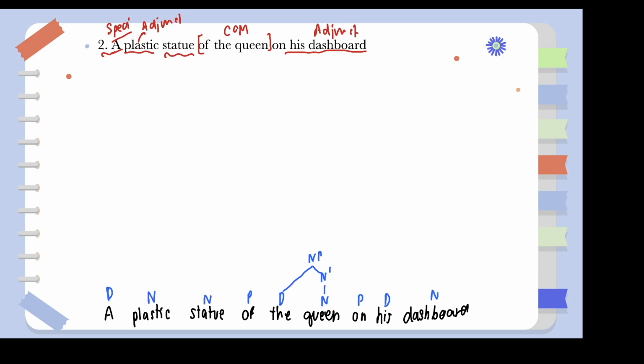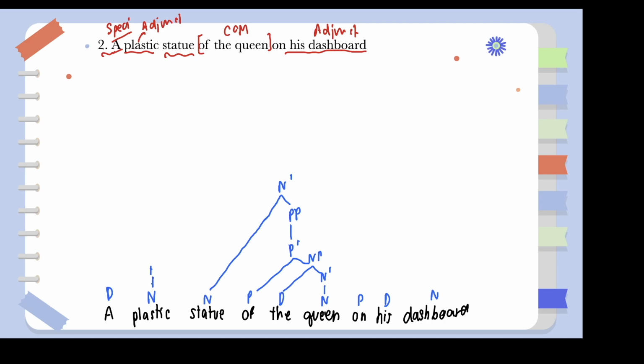And then in this NP, the queen, we can have of, which modifies it, of the queen, to be P bar. Since we don't have anything to modify of the queen anymore, we have PP, and this PP is attached to be the complement of the head, now stage 2, to be N bar. And in this N bar stage 2, of the queen, we have plastic here to modify plastic statue of the queen.